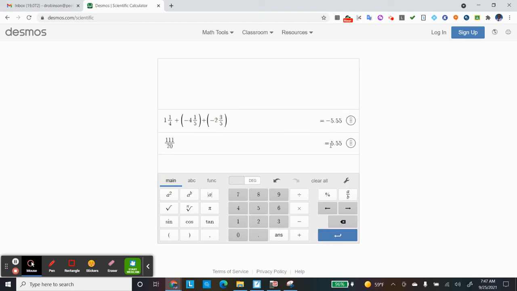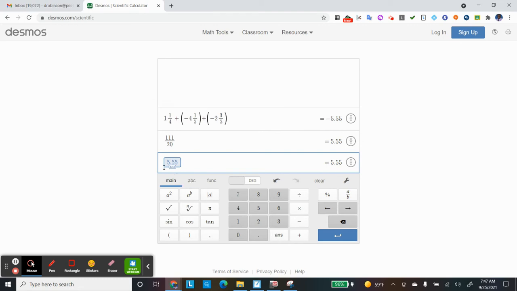The only difference is it's negative, so I left out the negative sign. So I'm going to take that answer, press answer, which is negative 5.55, and I am going to subtract 5 from it. This is the difficulty with this calculator. I don't like the way it simplifies.